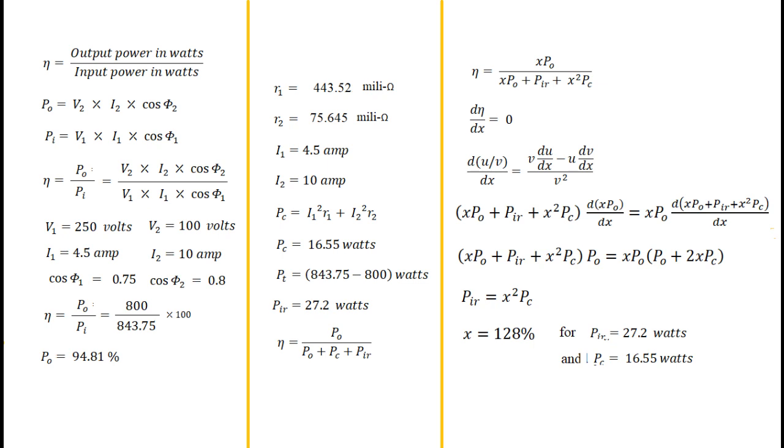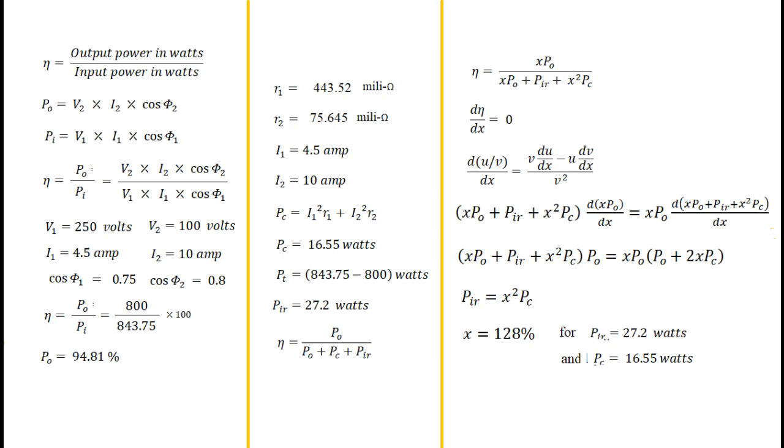For finding the condition for maximum efficiency, we have to differentiate the efficiency expression with respect to X and equate it to 0. The formula for the derivative of a quotient is shown for reference. If we observe the formula for the quotient, then we see that if two terms in the numerator are equal, then the quotient would be 0. Therefore, we will equate the two terms and simplify the result.